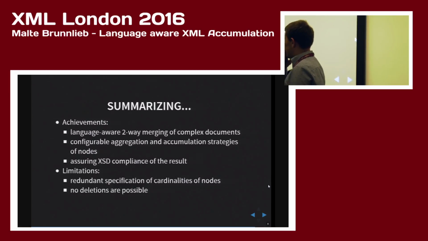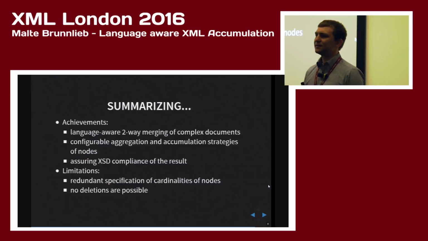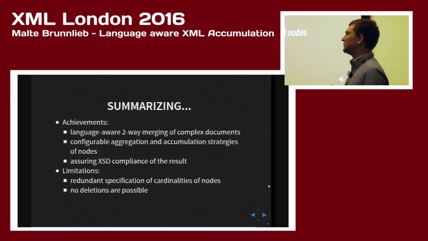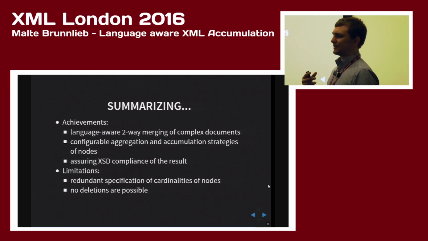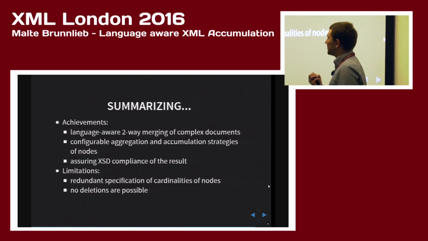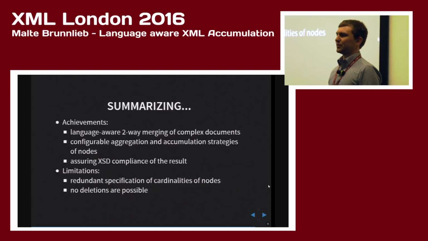We have some kind of assuring compliance, but this is especially also future work. So what we have in place is we assure the XSD compliance on the result afterwards.